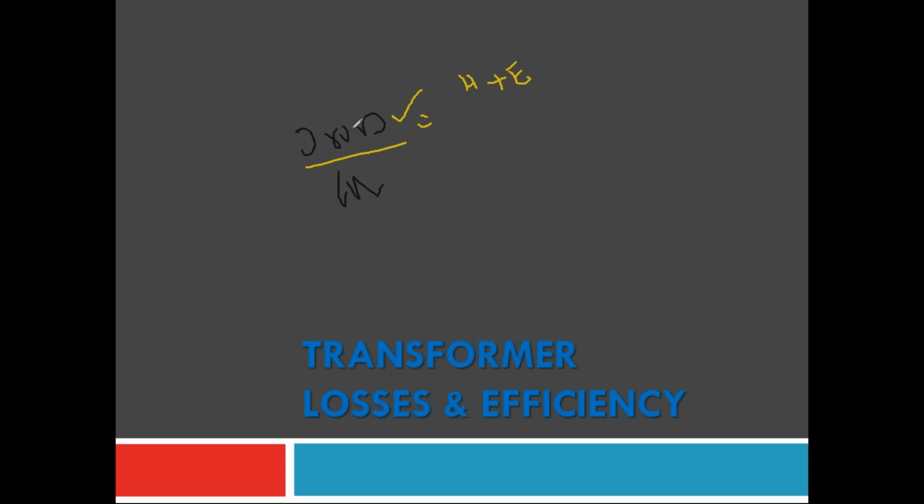Why is it called constant losses? Is there any reason why we call iron losses constant losses, and similarly why we call copper losses variable losses?